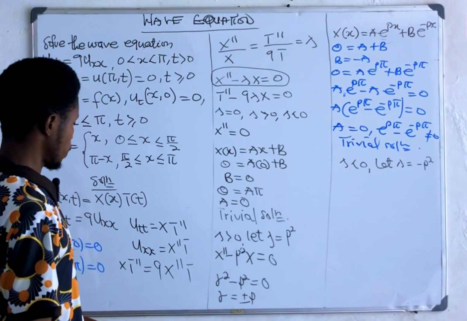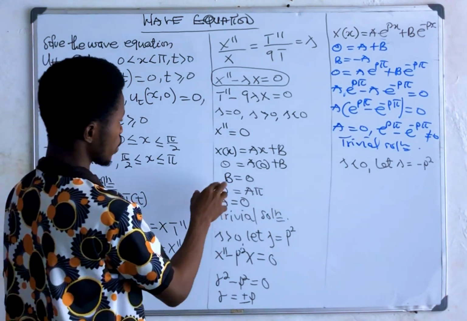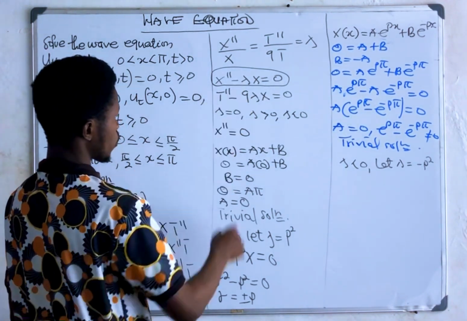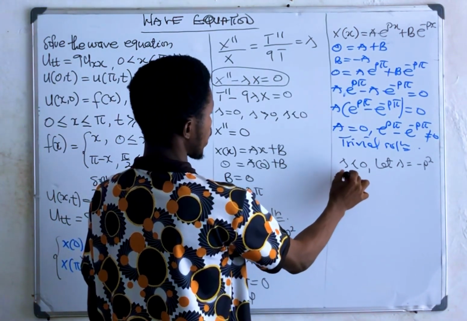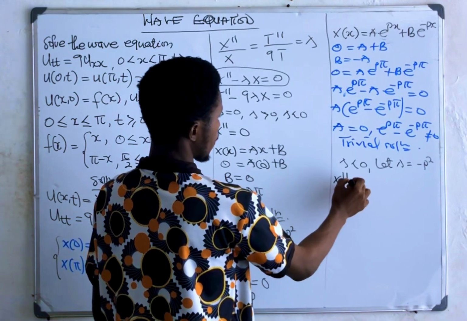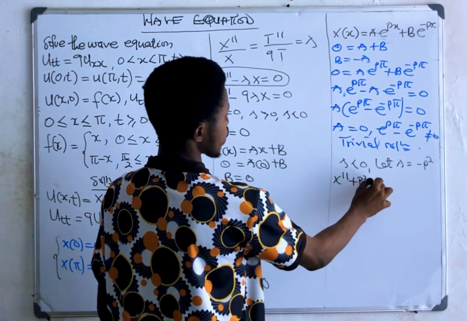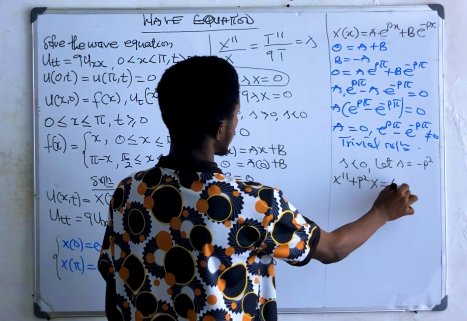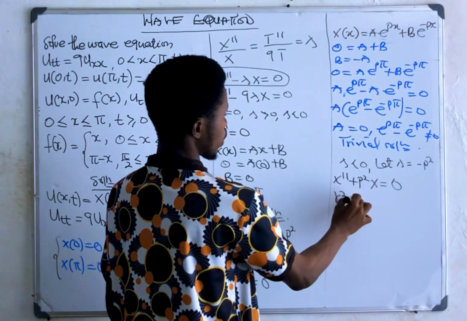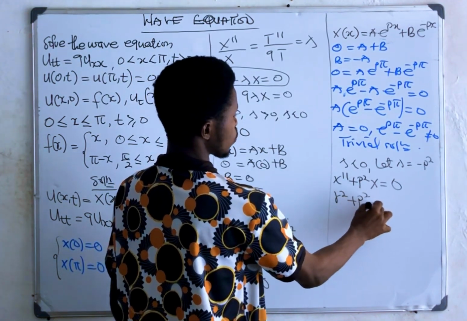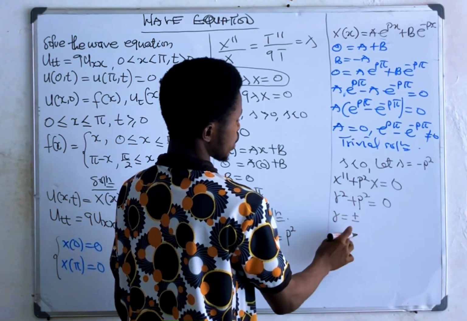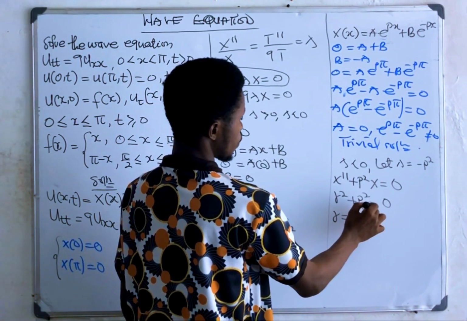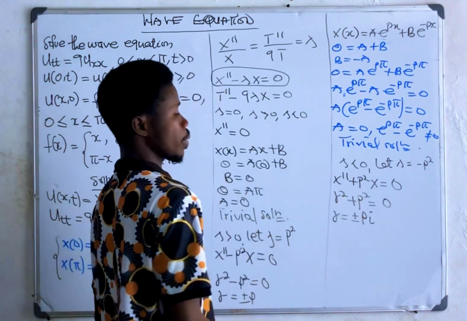That one is going to give us, so here becomes positive, X double prime plus p squared X equals 0. So I have r squared plus p squared equals 0. This means that my r will be plus or minus ip, because we get a complex.